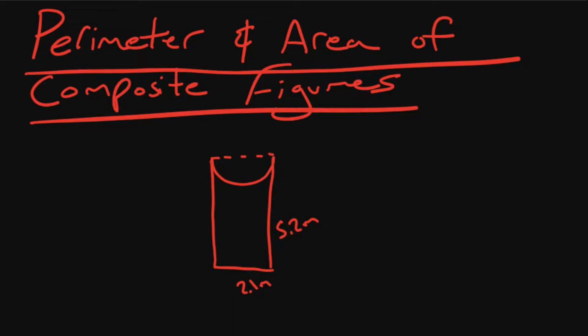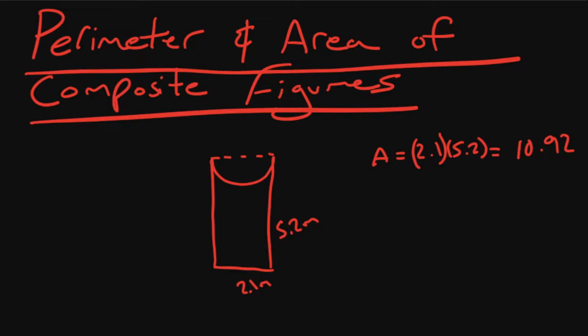So we're going to calculate the area of this rectangle. 2.1 times 5.2, which is about 10.92. And that would be the area of this full rectangle.